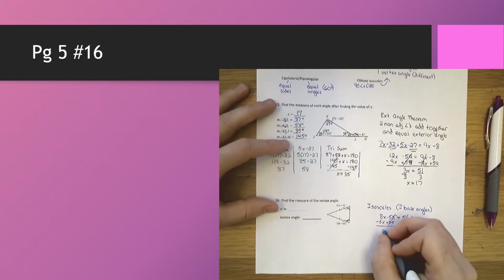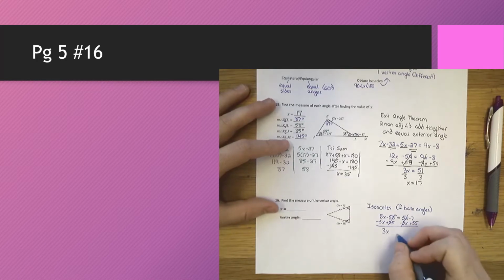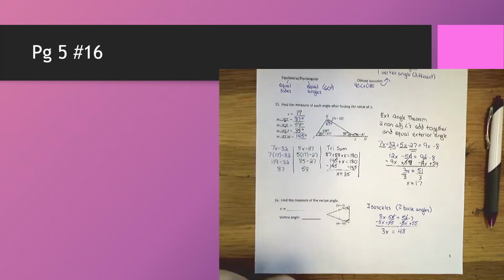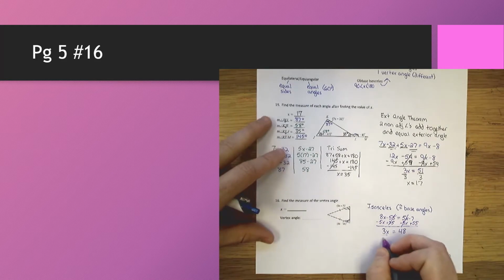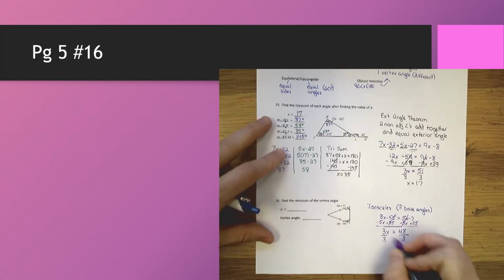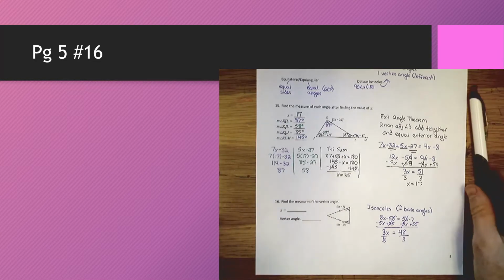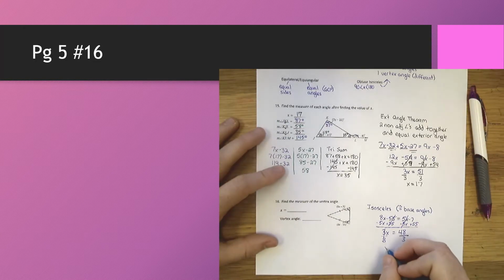So now you have 3x equals 48. Divide each side by 3 because I'm trying to get x by itself, so it cancels out the 3 on that side. And you're left with x equals 16.